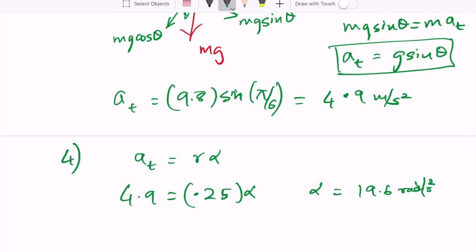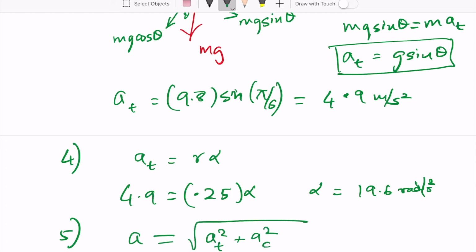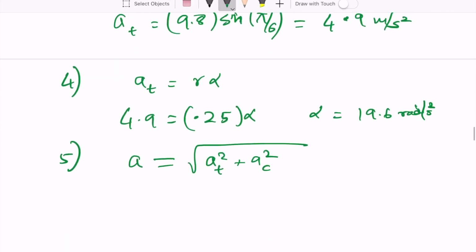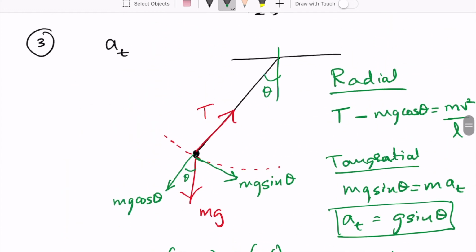Then question number 5 is the magnitude of the total acceleration. If you know the centripetal acceleration and the tangential acceleration, the magnitude of the total acceleration will just be the square root of AT squared plus AC squared, as I discussed a little while ago. And the last one is the tension in the cord. That is just a Newton's second law question.